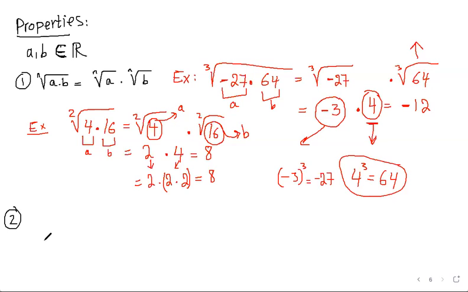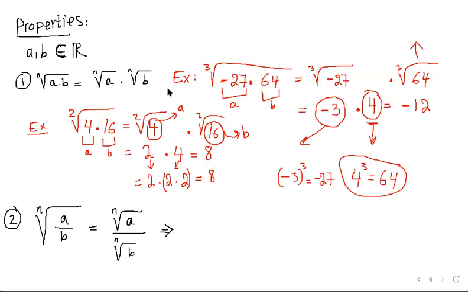Okay, the second one is the same idea: the nth root of a over b. I can split it into two radicals, the nth root of a over the nth root of b. Same idea exactly.